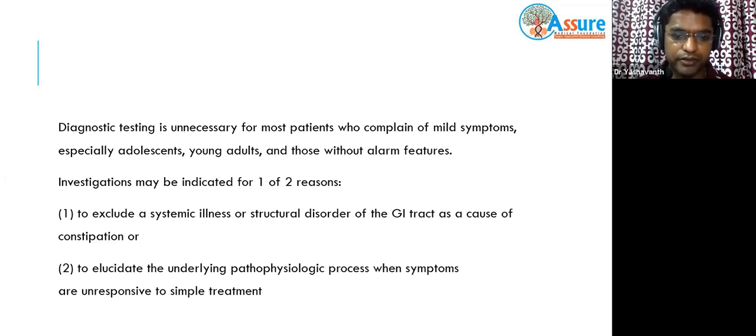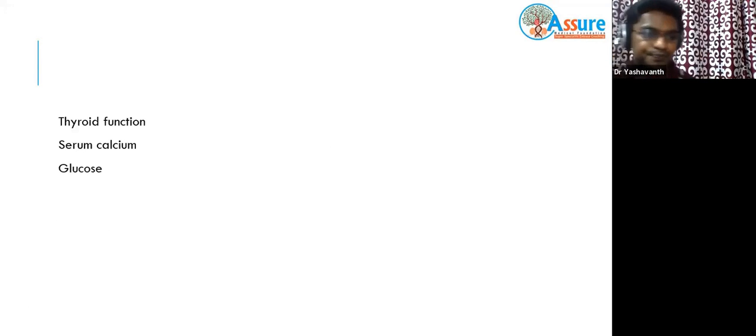That time you need to evaluate, or else you can treat mild symptoms, then follow up the patient. During the follow-up, if it's not improving, you can evaluate. Investigation can be considered to exclude a systemic illness or a structural disorder of the GI tract as a cause of constipation, or to elucidate the underlying pathophysiologic process when symptoms are unresponsive to simple treatment.